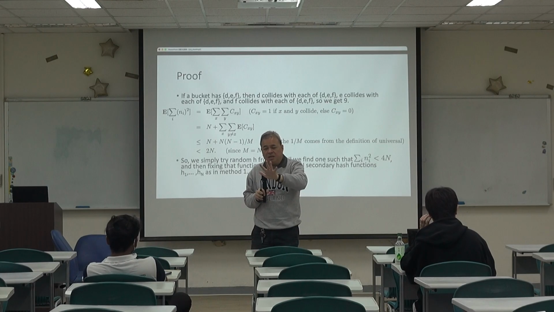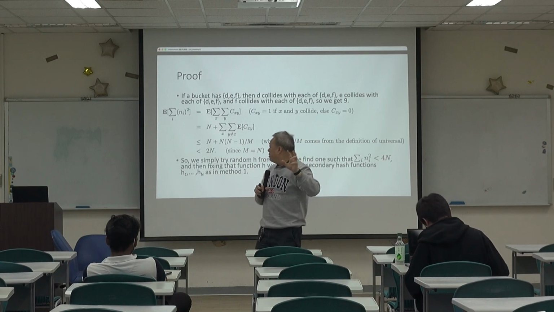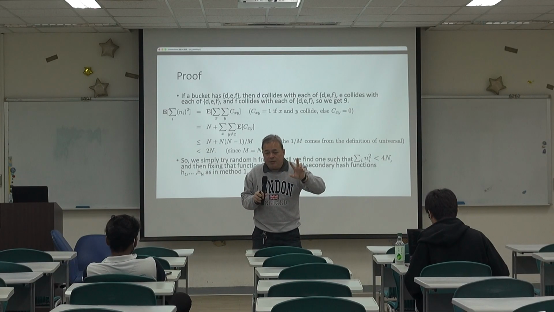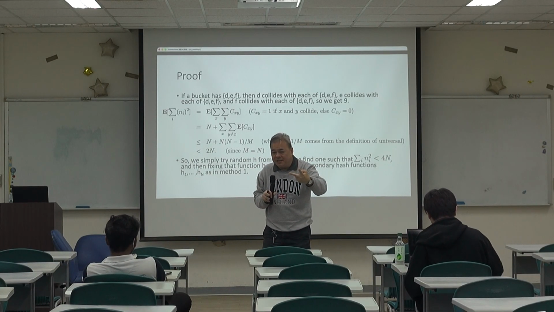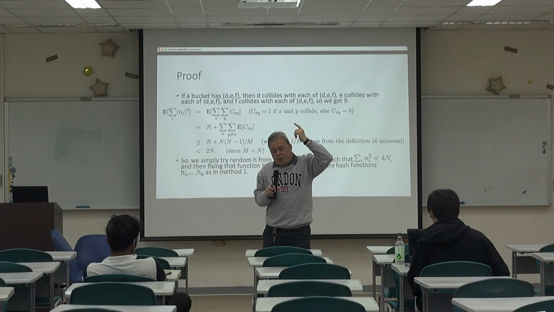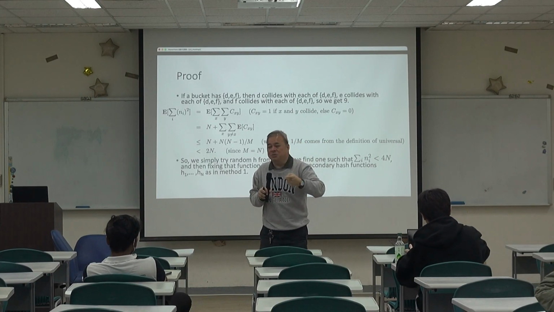Here, first the order: the collision of, for example, E and E, and the collision of E and D, we count it twice, right? Even though they are pairs, we consider the order, right? This is how we calculate. Second, we consider the element will collide with itself, right?